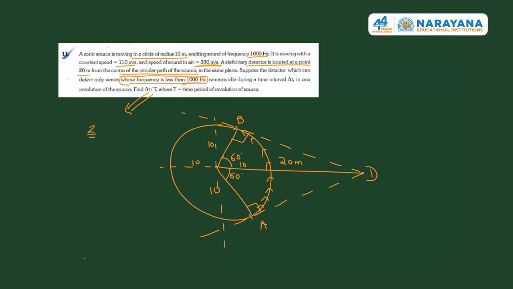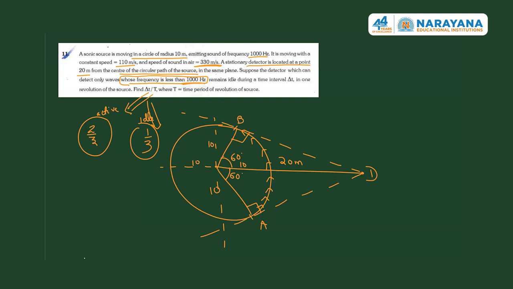It seems like 2/3 of the time it observes less than 1000 and 1/3 of the time it observes greater than 1000, but it can only detect less than 1000. So it remains active for this interval and it remains idle for this interval.